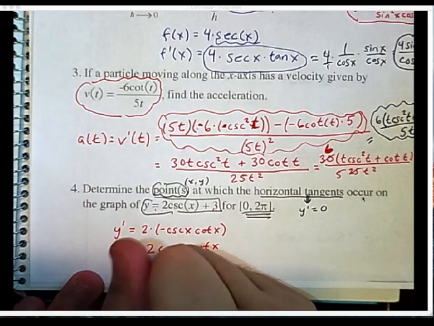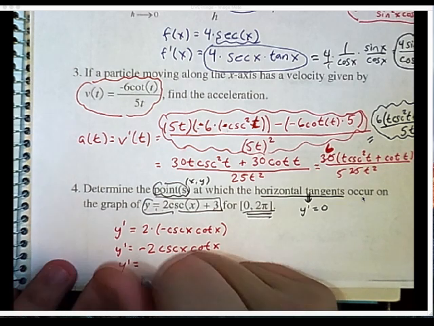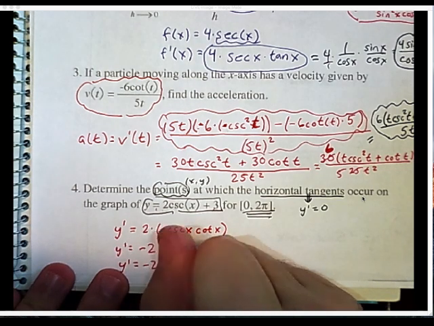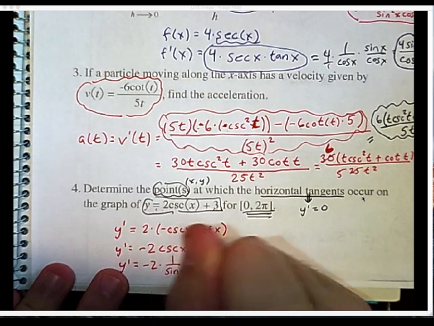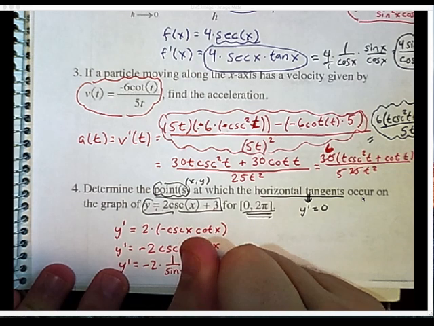And if I wanted to do something that I know, instead of dealing with cosecants and cotangents, I'm going to turn them into sines and cosines. So what is cosecant? It's 1 over sine. And what is cotangent? It's cosine over sine.